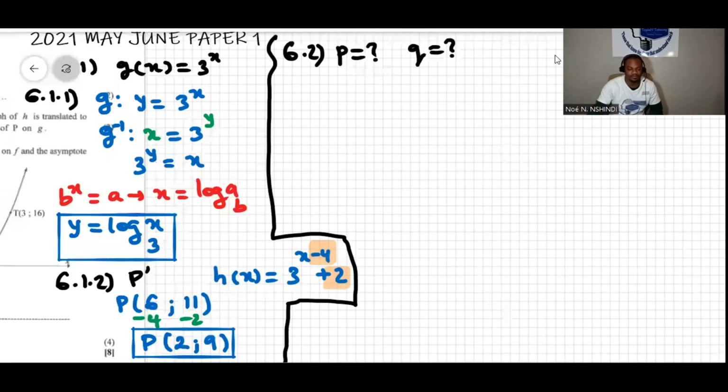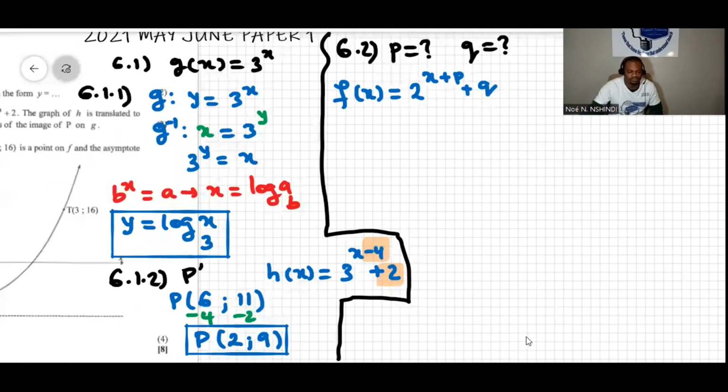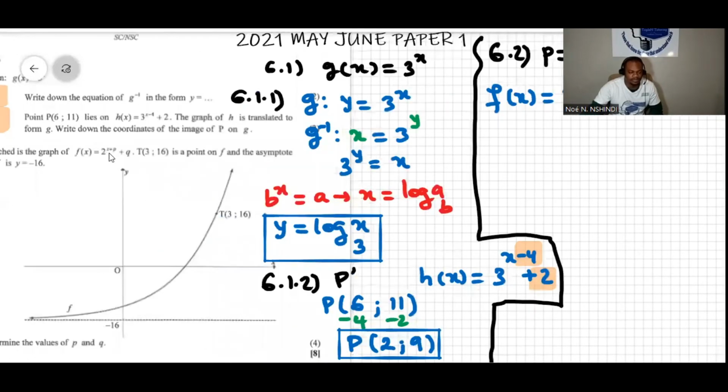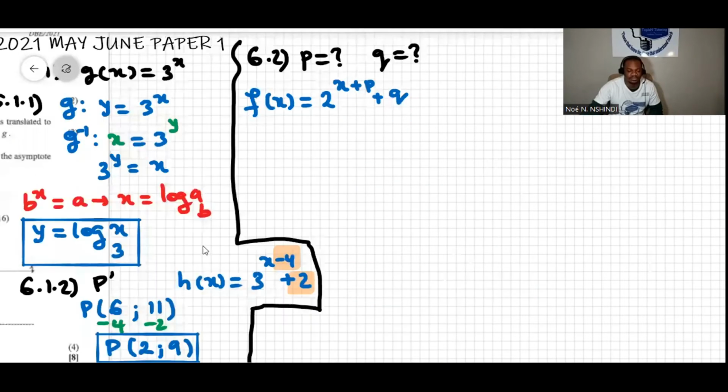So f of x, as we read it there, is equal to 2 to the power of x plus p, and then plus q there.